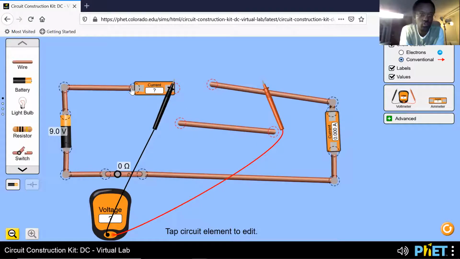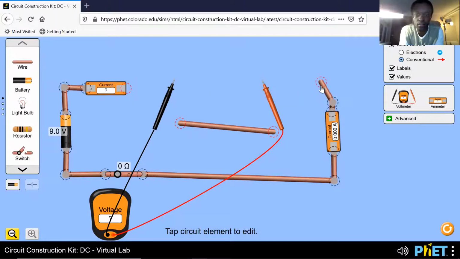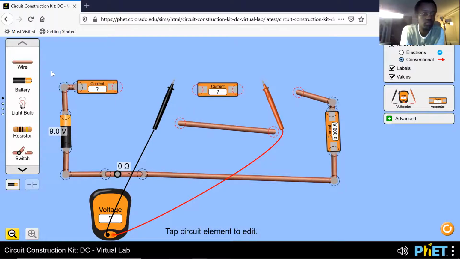That's a good question. Another ammeter. The current is everywhere the same, but the voltage changes.